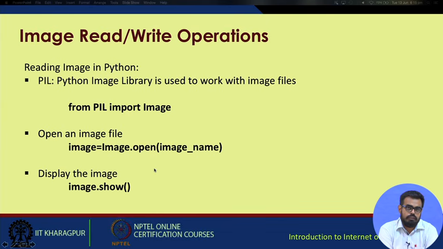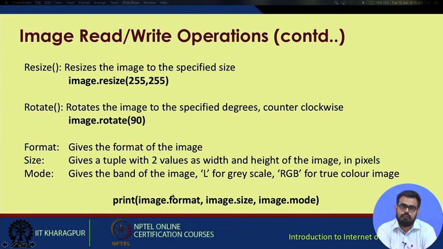So for image read write operations, first of all, we have to call this PIL library. Either we import PIL directly, or if we have any particular function in mind, like the function image, we just import that particular function. So for that, we have from PIL import image, then opening that image file, image equal to image.open name of the image, and for displaying the image, we just write image.show.